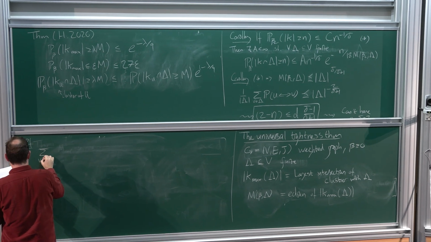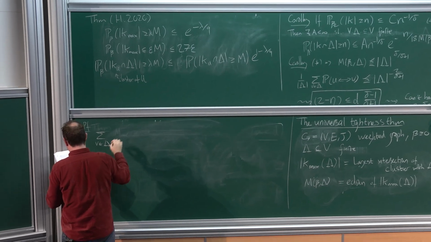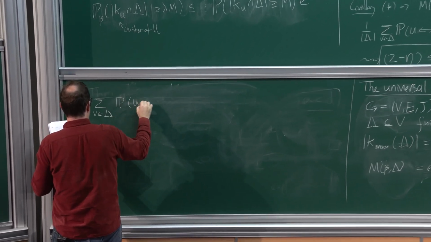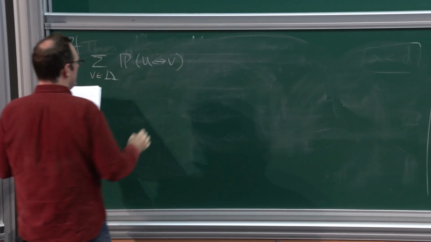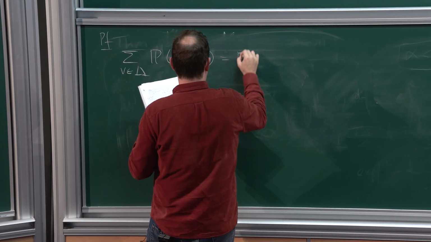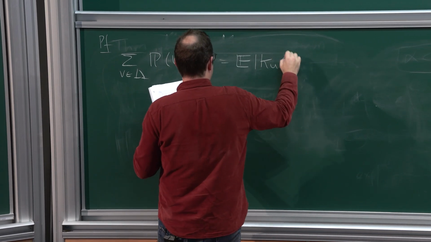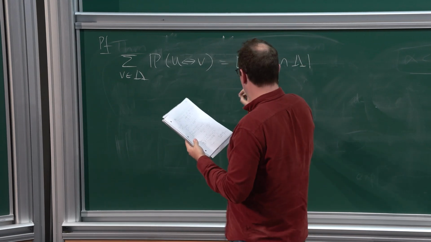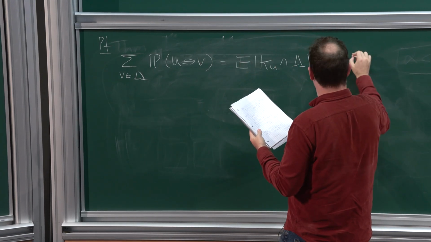Let's say you fix a vertex u and sum over lambda of the 2-point function. Of course, that's the same thing as saying take the expected size of the intersection, which is the same thing as summing the tails.